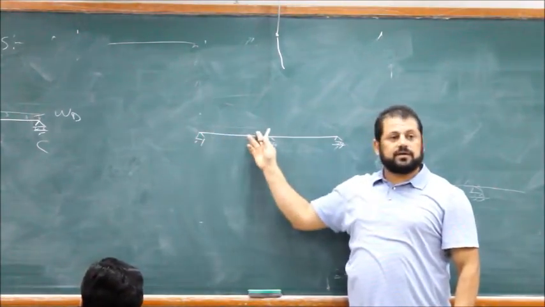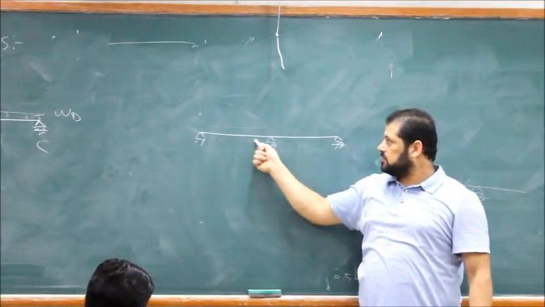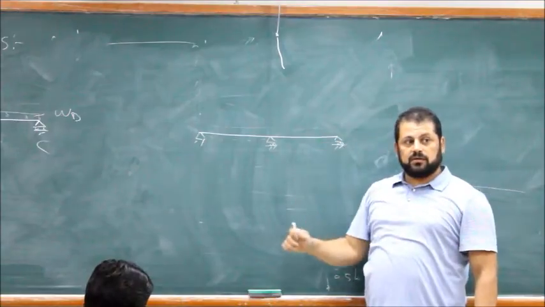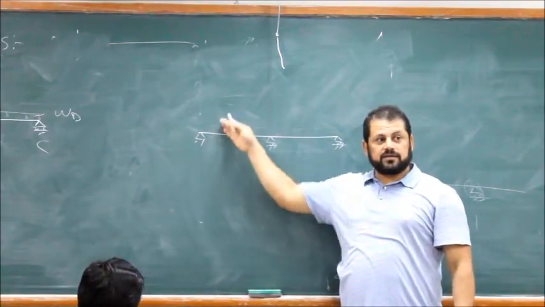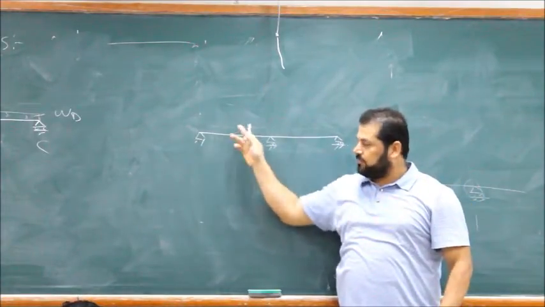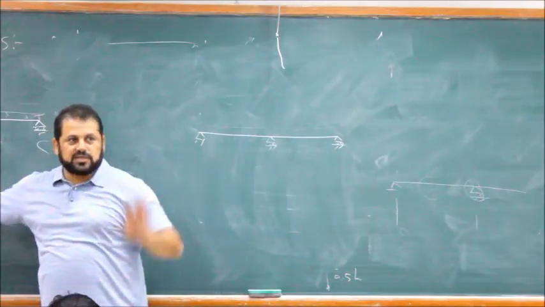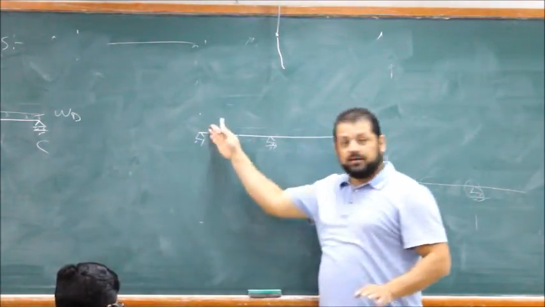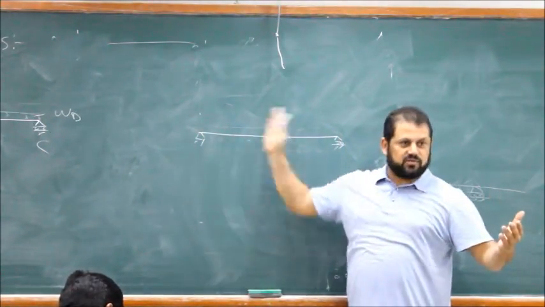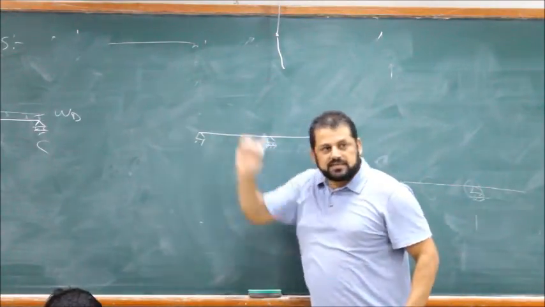What's happening to the moment here? How does it deflect? Like this. Put your hand here, this goes down, this goes up. Now, if we are looking for the positive moment here, MAB positive, right? If we have live load here, it adds to the positive moment. Let's see. Now erase it.